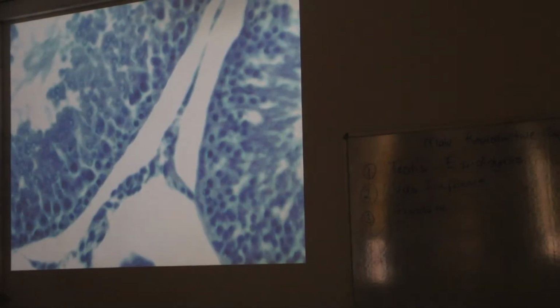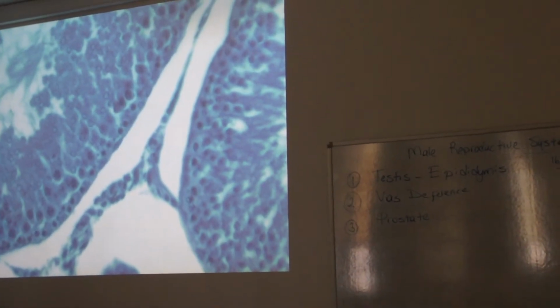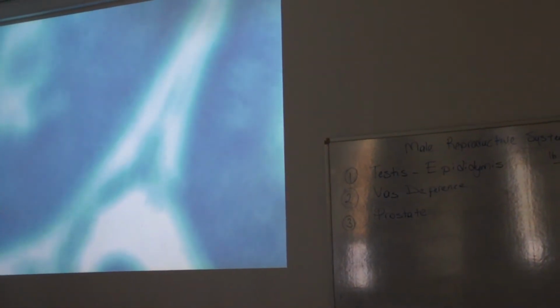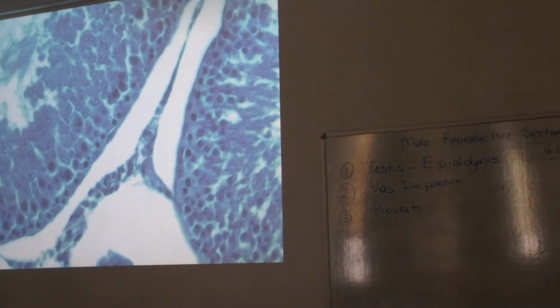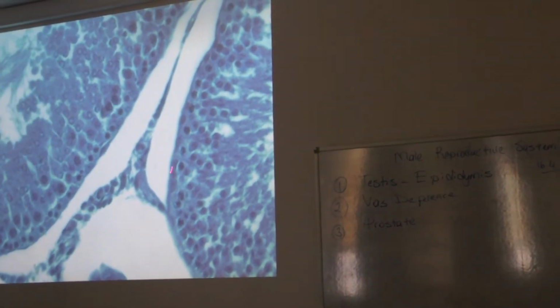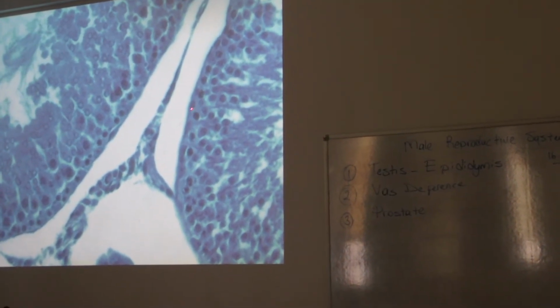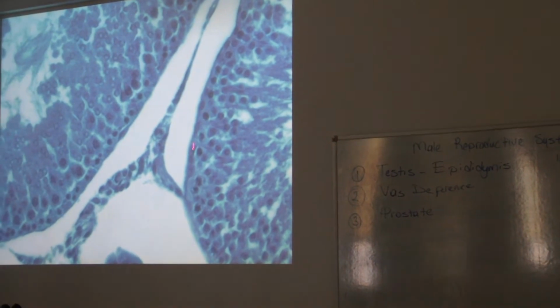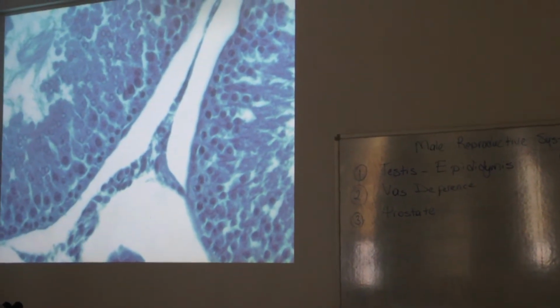Spermatogonia can be distinguished by being at the base of the tubule first, and also with round oval nucleus here. These are spermatogonia. Here I can see another one.